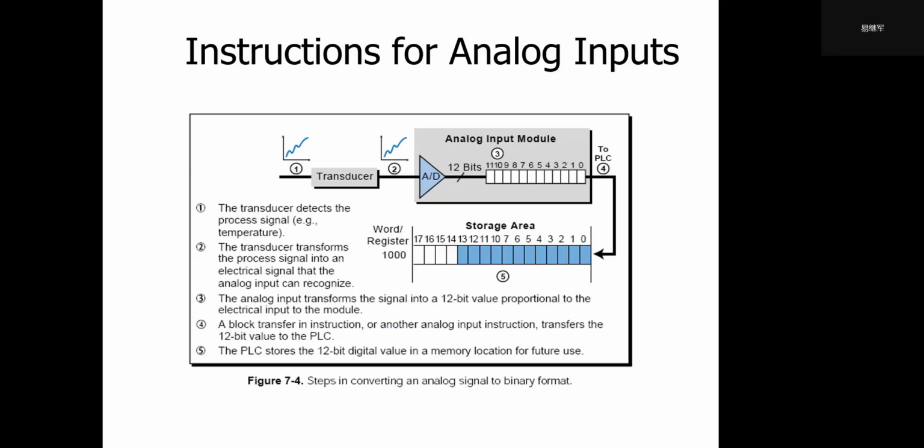These are the steps in converting an analog signal to binary format. Step 1, the transducer detects the precise signal. Second, the transducer transforms the precise signal into an electrical signal that the analog input can recognize.